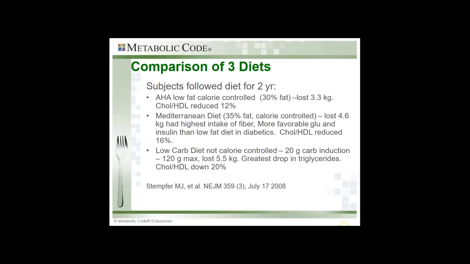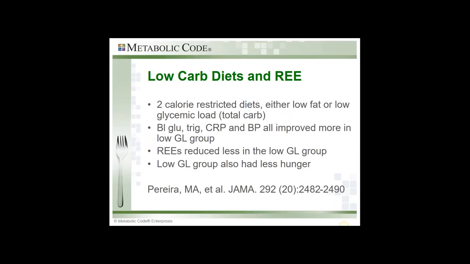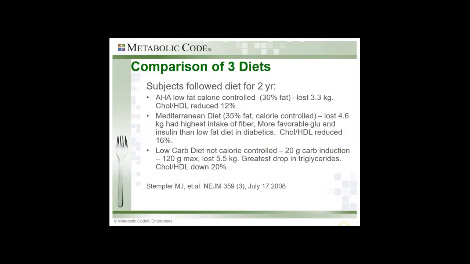Then we look at the low-carb diet. I need to do that last point on there: the low-carb diet was not calorie-controlled. It was simply carb-controlled. What they followed was an Atkins-type approach, with the 20 grams of carb induction, and they were instructed to eventually go up but not exceed 120 grams.